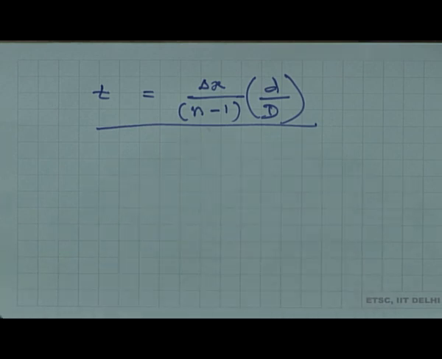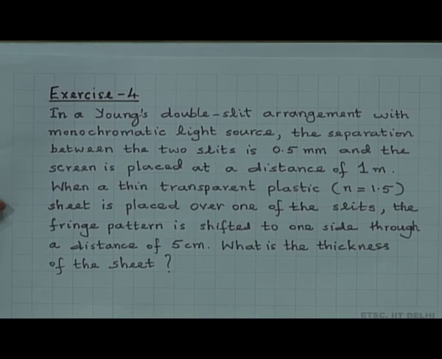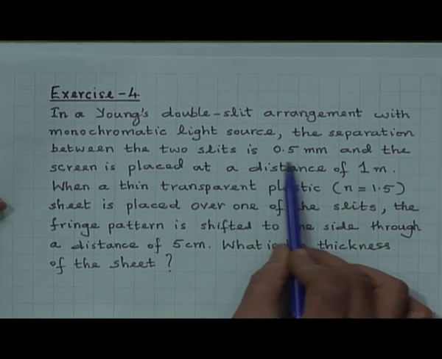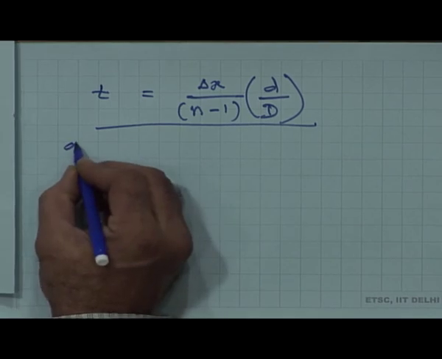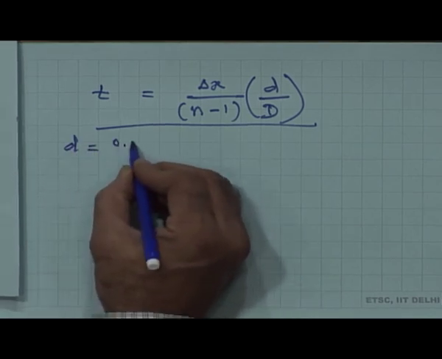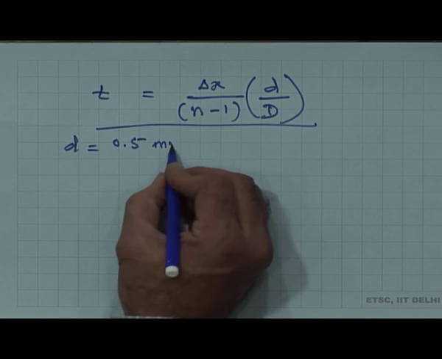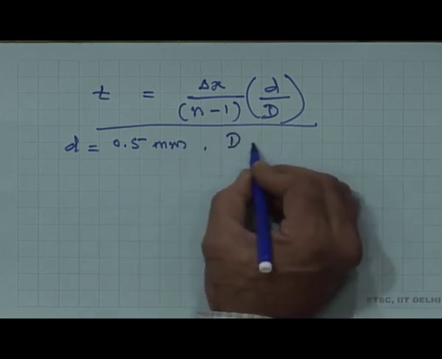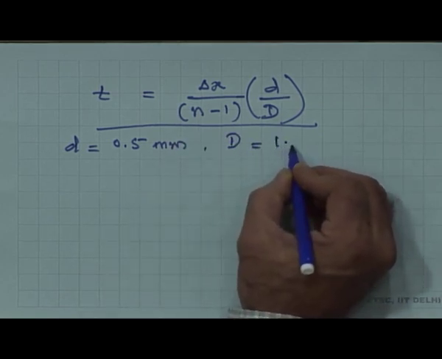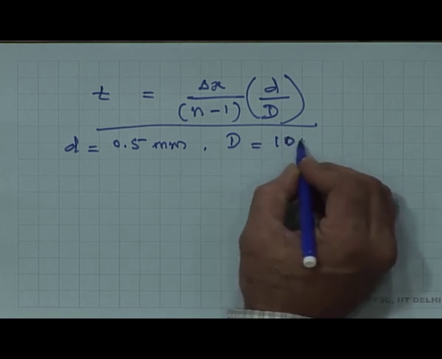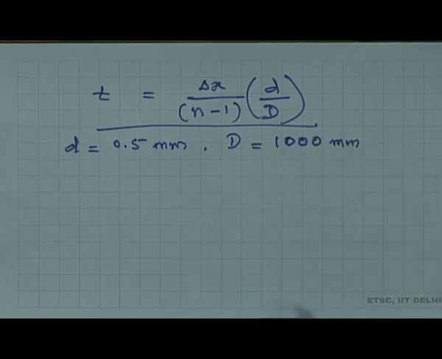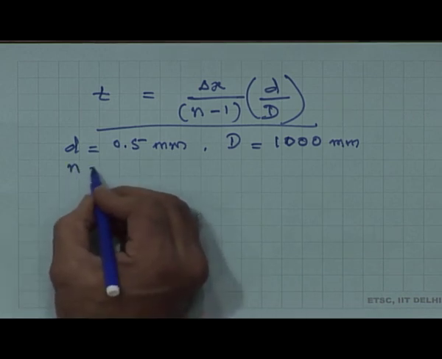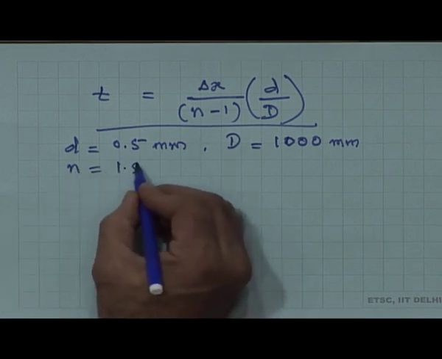So, all the parameters are given. We look at the problem again. The two slits, small d is 0.5 mm. So, let me write here d is equal to 0.5 mm, capital D is equal to 1 meter, so 1000 mm, and n is given as 1.5.